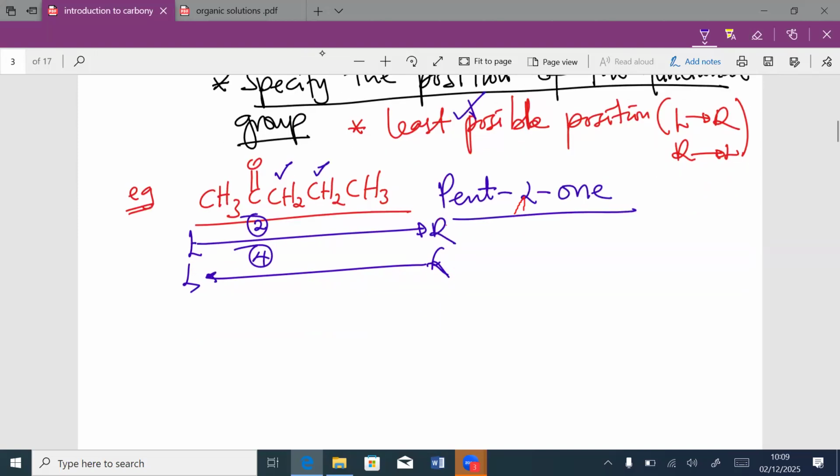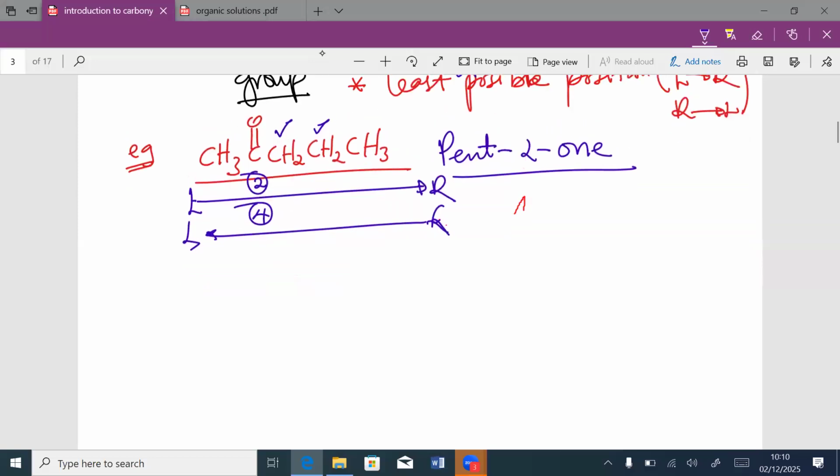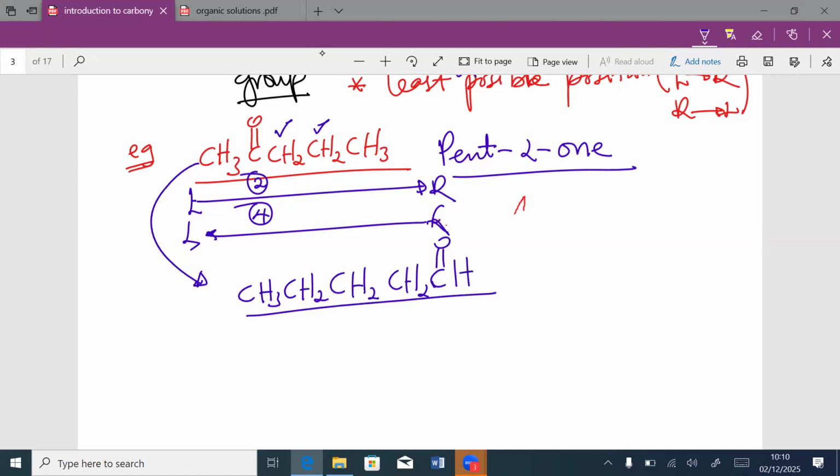And this one is actually common for ketones. Because for aldehydes, if I'm having an aldehyde of that same number of carbon atoms, it will still be like this: CH3, CH2, CH2, CH2, 1, 2, 3, 4, C double bond H. Here the functional group is still on position number 1.